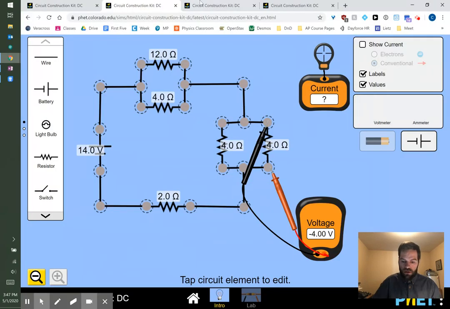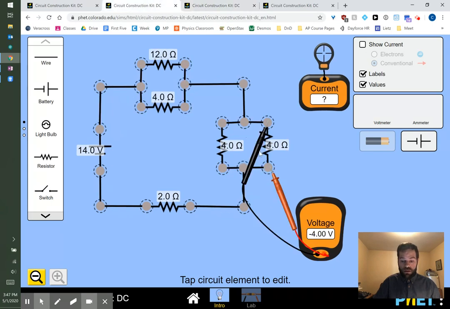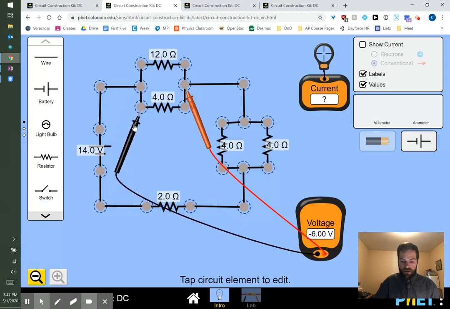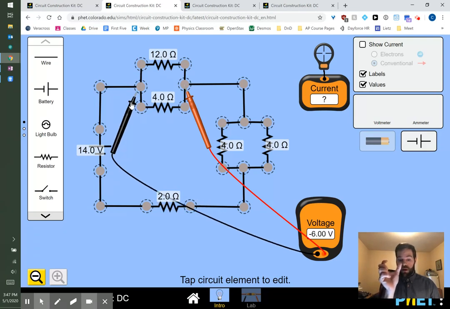Okay, so what we saw: 6 volts across that equivalent resistance, which means it's 6 volts across here. No matter where we put these leads, it's 6 volts across those two guys, the 12 ohm resistance and the 4 ohm resistance.